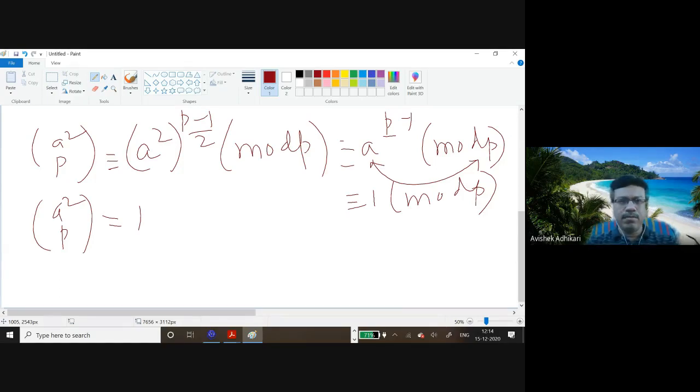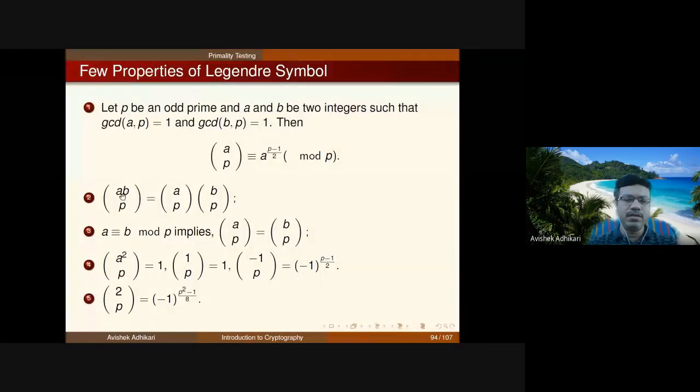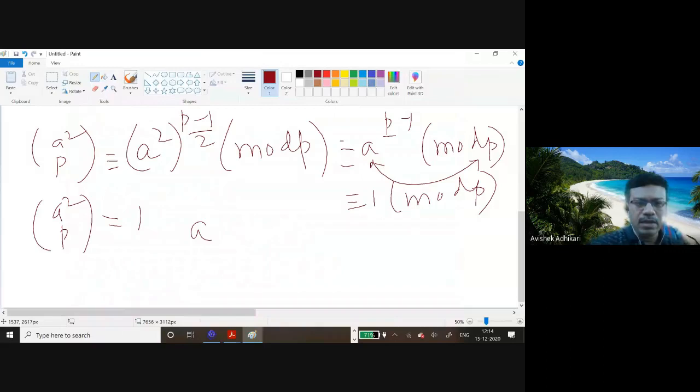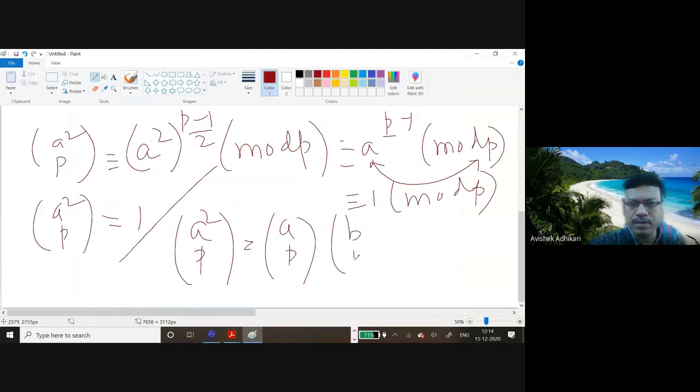Also, you can easily use this one. See, a square, the other way around. So (a square/p), it might have an easier method to solve this. It is (a/p)(a/p), and this value is either 1 or minus 1, or this value is again 1 or minus 1.